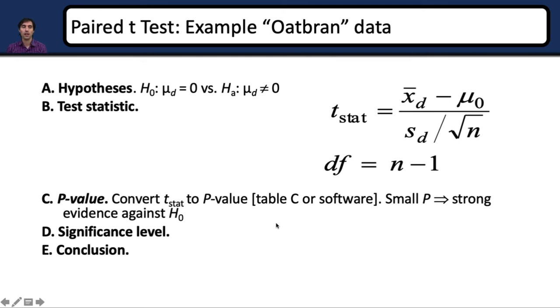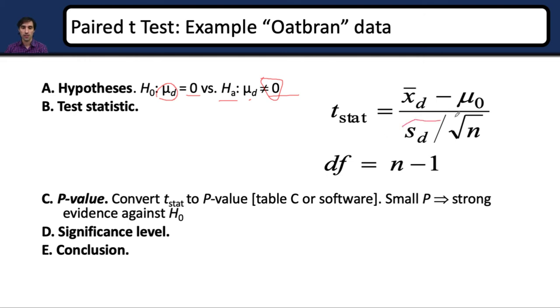Our hypothesis test says that the null hypothesis is that there is no difference, that the average difference is equal to 0, versus the alternative hypothesis that there is a difference that is not equal to 0. So we do our t-stat: we find the difference between the two means and subtract whatever the no-difference value is.